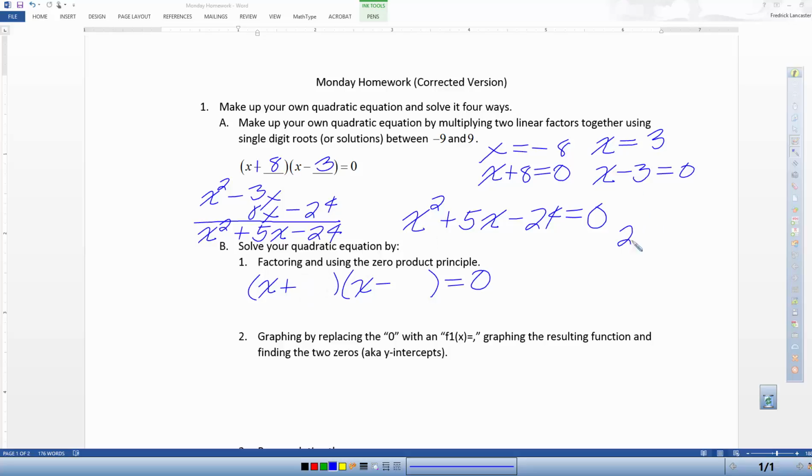I can do 24 times -1. So that would give me the -24, but if I add these two together, I get a +23 in the middle. So that's not the correct factorization. I could do +12 times -2, but that would give me a +10 in the middle. So I'm going to try +8 times -3.